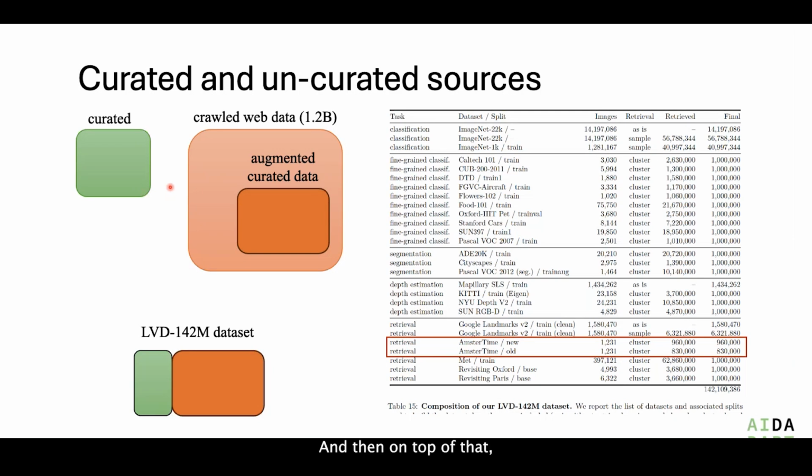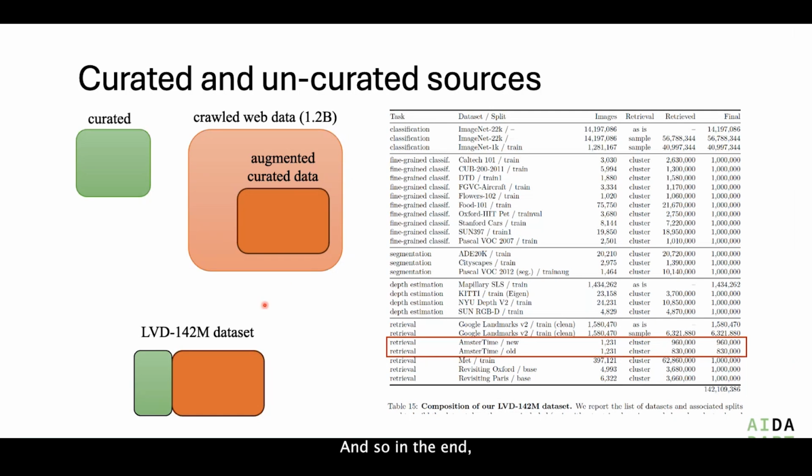And then on top of that, they also crawled many images from the web, around 1 billion images. Of course, these are not as high quality as the datasets that we already selected here. But then the game is that we use the curated datasets in order to retrieve similar, almost high quality images from this huge amount of images that we have there.